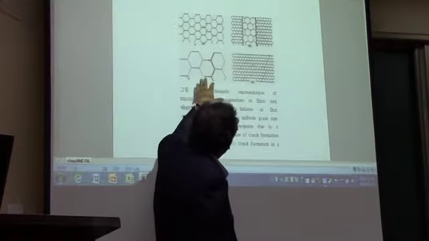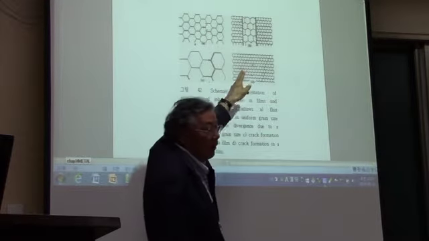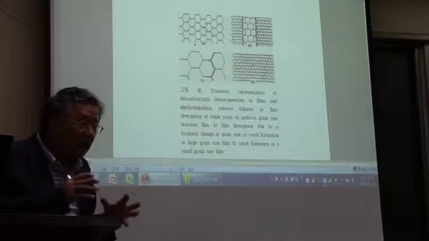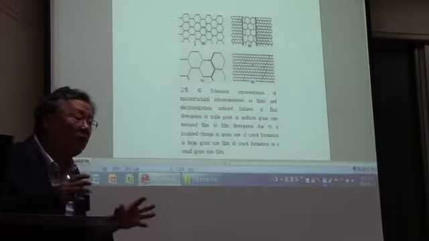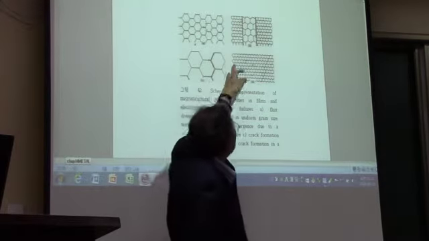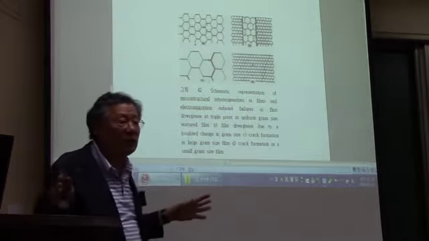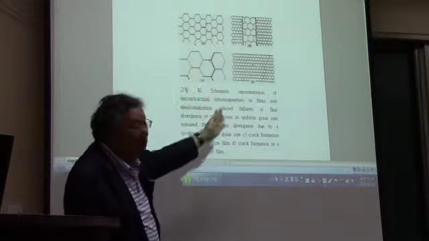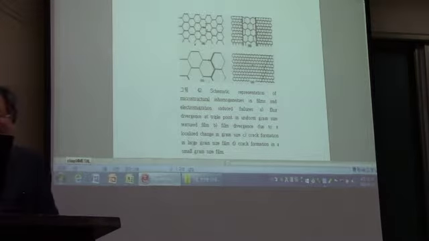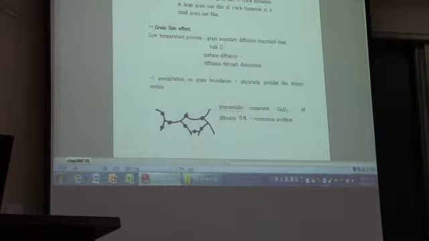And this happens at A, C, D, and it also happens at B, where you are going to have non-uniform grain size in your metals. Let's suppose you have a small grain size, and in the middle you have a large grain size, not uniform grain size in your metal lines. Then you're going to have serious electron migration effects in there. Okay? And that is the grain size effect.